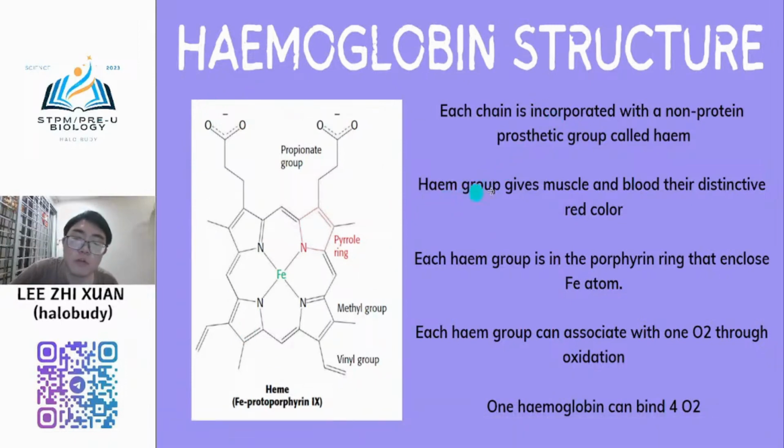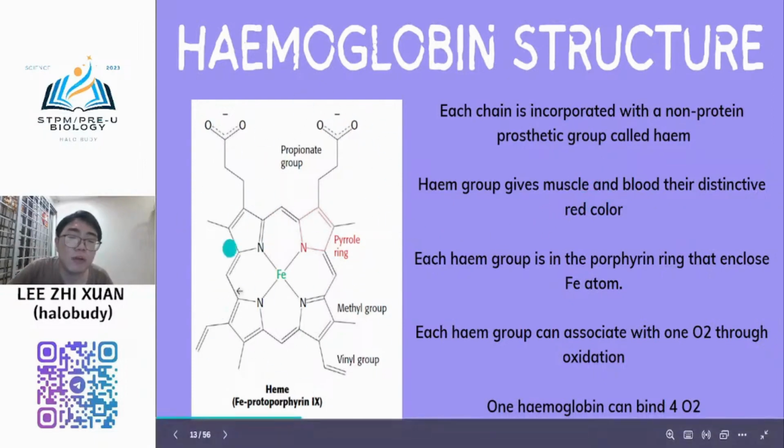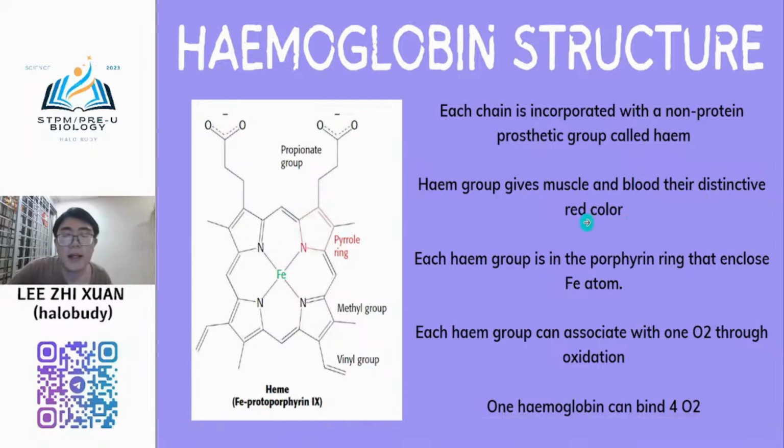The hem group is the key component that gives our muscle and blood their red color. Why do our muscle and blood look red? Because of this hem group. This group is responsible for making the blood and muscle red.